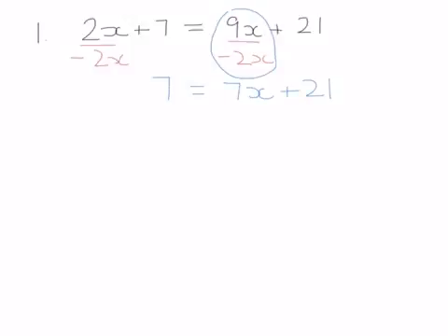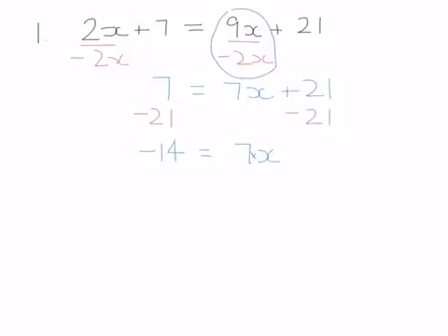So now I've got a 7x and a 21 on one side, but I want the x's by itself. So I have to get rid of the 21, doing the same on both sides. So on the left-hand side, I'm left with 7 minus 21 is minus 14, equals 7x, and the 21's cancel.